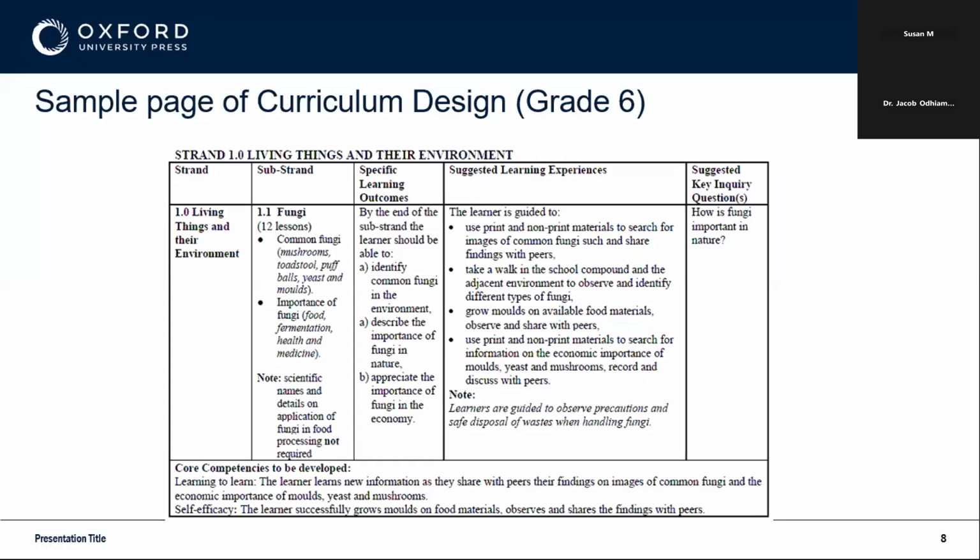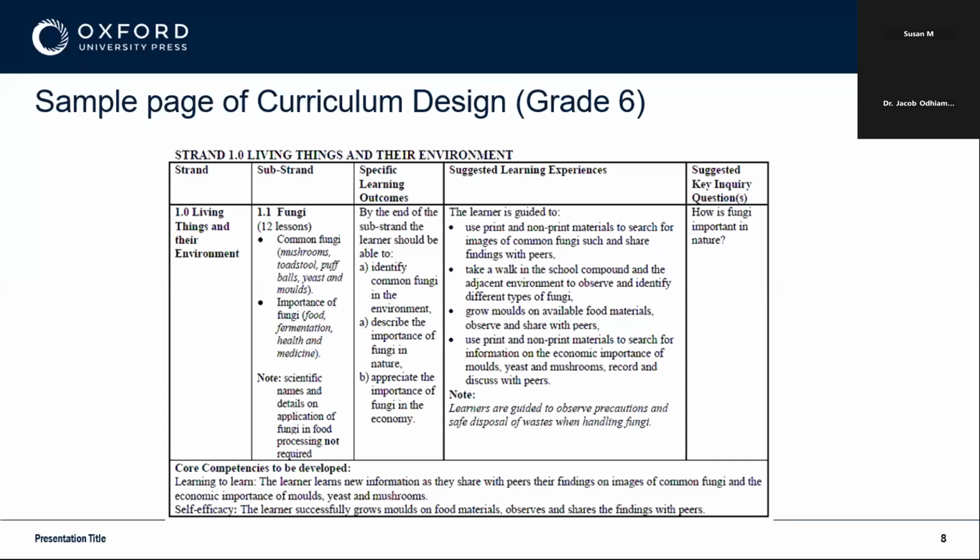For example, when you are tackling grade 6, living things and the environment, by the end of that substance, somewhere in any of the lessons or one or two or more lessons, you should have captured learning to learn.